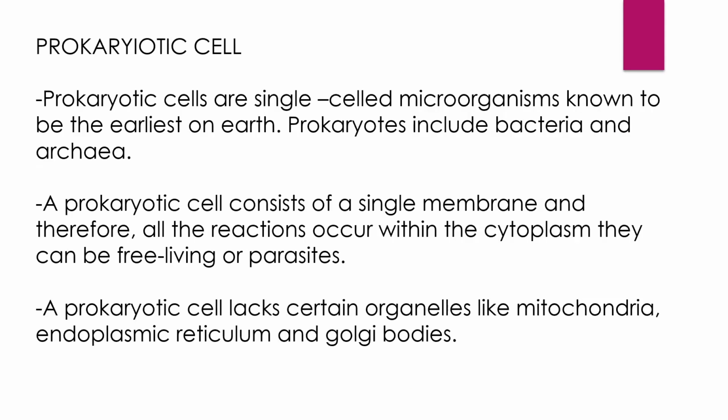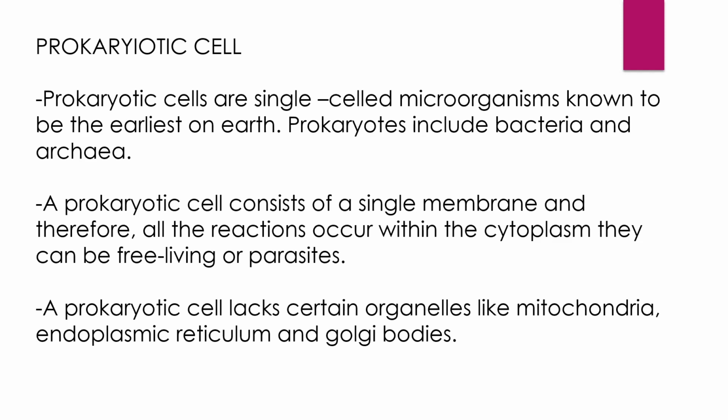Next is the other type of cell, the prokaryotic cell. Prokaryotic cells are single-celled microorganisms known to be the earliest on Earth. Prokaryotes include bacteria and archaea. A prokaryotic cell consists of a single membrane, and therefore all the reactions occur within the cytoplasm.